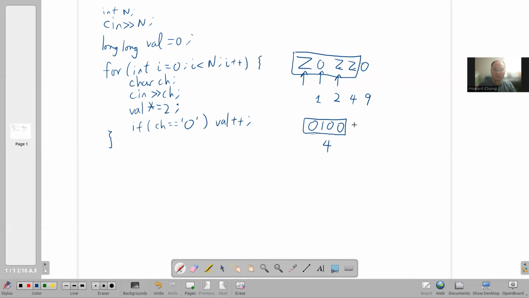To read the next bit, I'm gonna put a 0 here, and by adding a 0 to the right, I'm basically multiplying things by 2. And then, if necessary, if the bit is a 1 bit, then I would add 1 to this. And that's how I do the binary conversion.